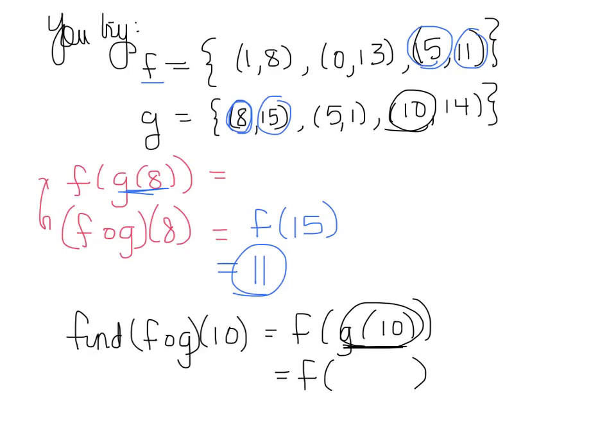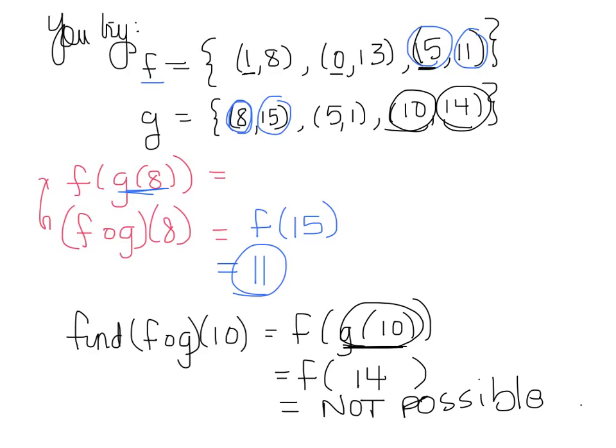There's the 10 going into G and then 14 coming out of G. So F of 14. But then you look at this and you say, okay, I have to find F of 14, but I don't have any 14s for X. So I don't know what to do with that. This is not possible. Okay? And you're kind of stuck.